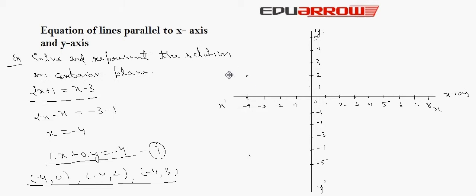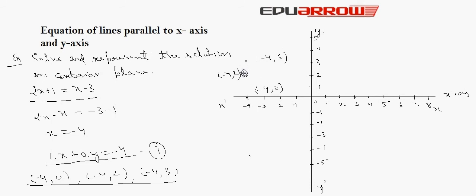That is minus 4 and 2. This is minus 4 and 0. Now the next point is minus 4 and 3. Minus 4 and 3 will be plotted here.